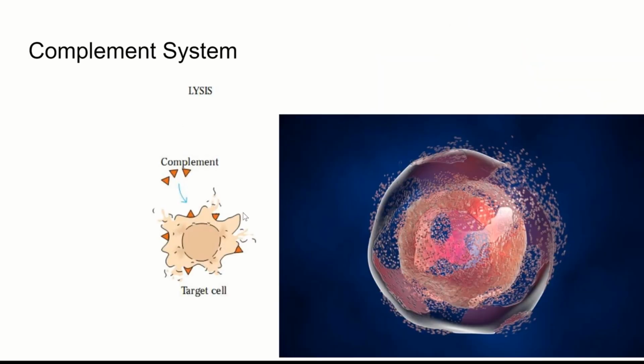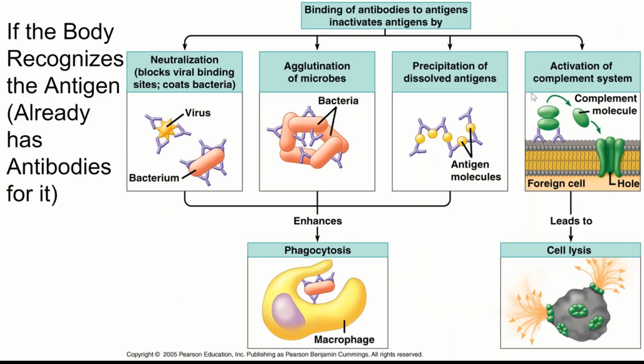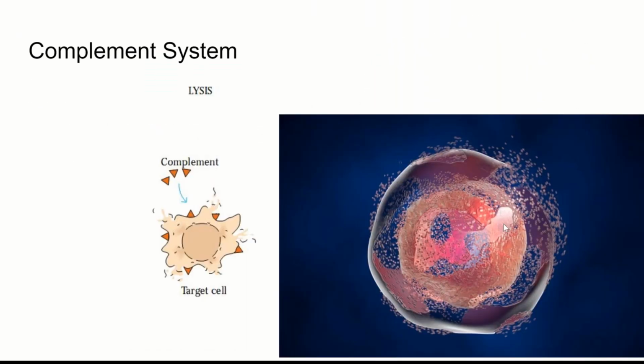So you might have noticed up on our chart that we had one other pathway, the complement system. And I didn't really touch on it because I was going to hit it more here. This is the way in which we regulate our own internal cells to trigger apoptosis.